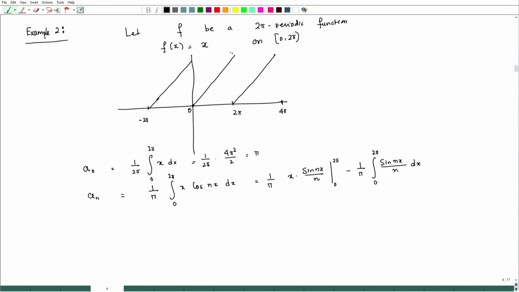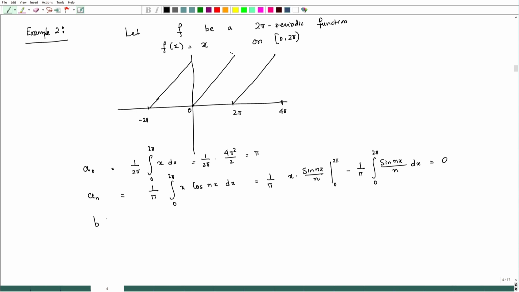Now, sin(2 pi n) is 0 and sin 0 is 0, so the first term goes away. In the second term we are going to get cos(nx) by n squared, and again cos is a 2 pi periodic function, so the value is going to be 0.